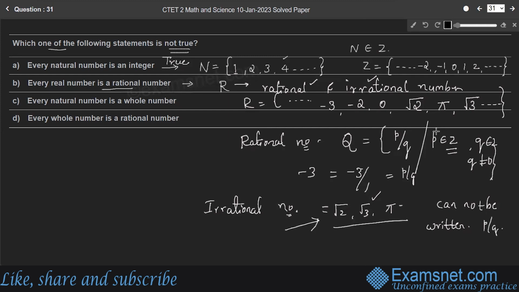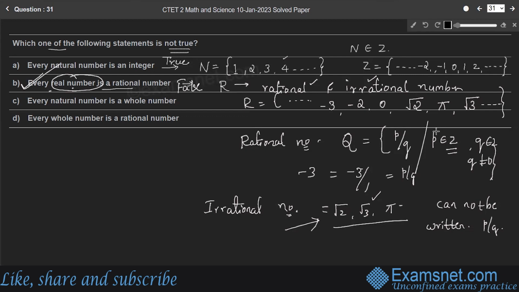So here the set of real numbers contains both rational and irrational numbers. According to the statement, every real number is a rational number, which is not true. It is a false statement because the set of real numbers contains irrational numbers also. So every real number cannot be a rational number, right? Some real numbers are rational numbers, some are irrational numbers. Hence, option B is the right answer. So the statement is not true.